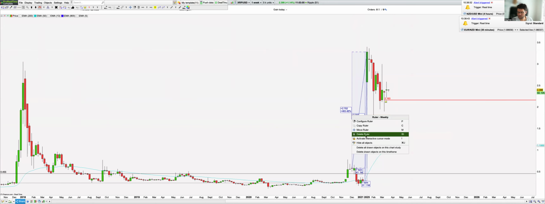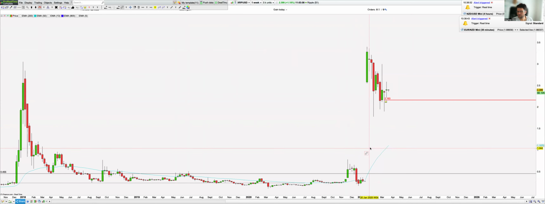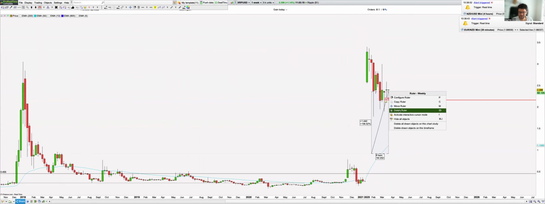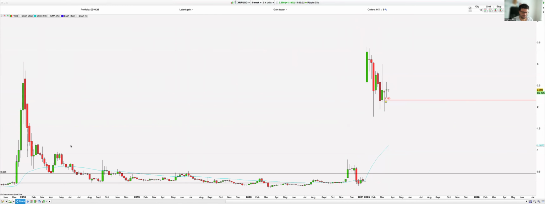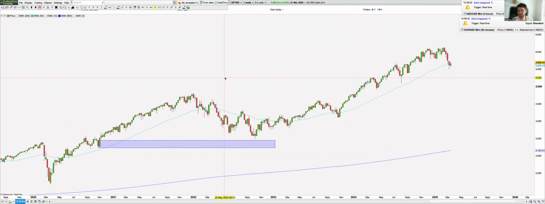I remember before this kicked off, Ripple was about 90p. Where was it? It's about here, 94, 93. So that's, to be fair to it, only up 160%. So it's all relative.